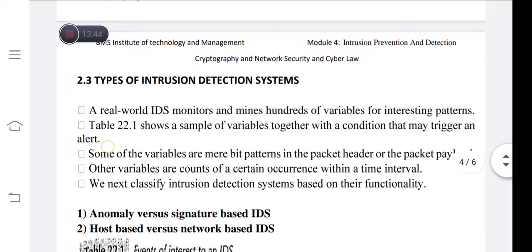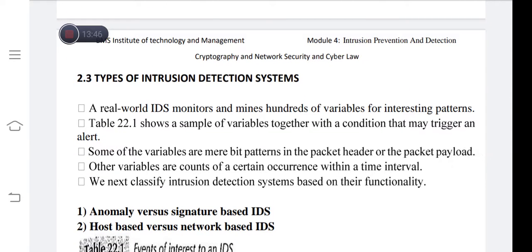Now let us see the types of intrusion detection systems. Very few points we are going to discuss in this. Again, the differences are also very easy to list out. The real-world IDS monitors and mines hundreds of variables for interesting patterns.